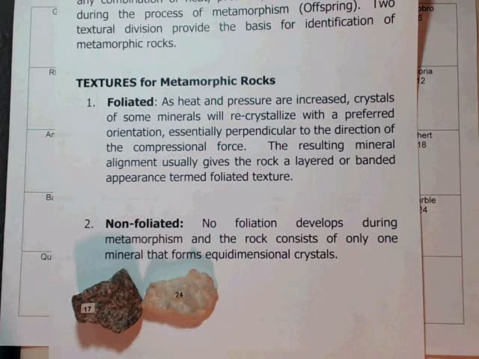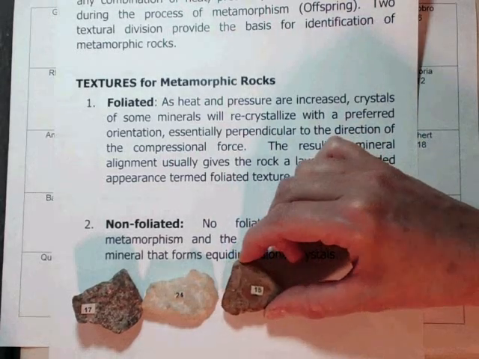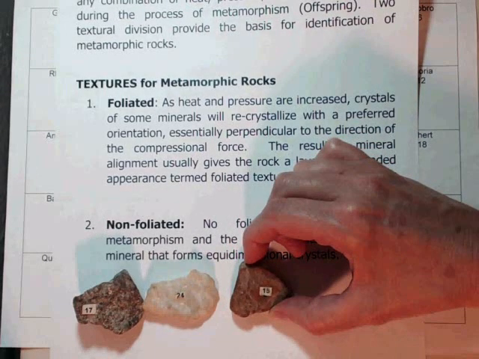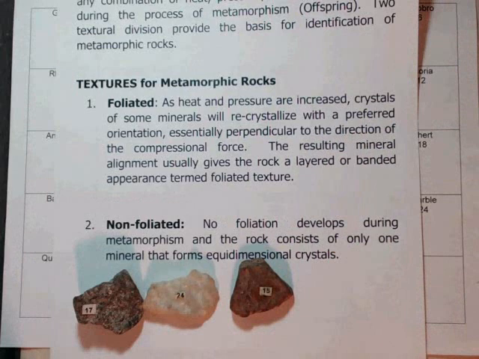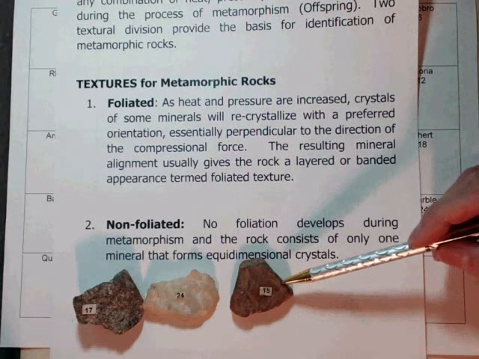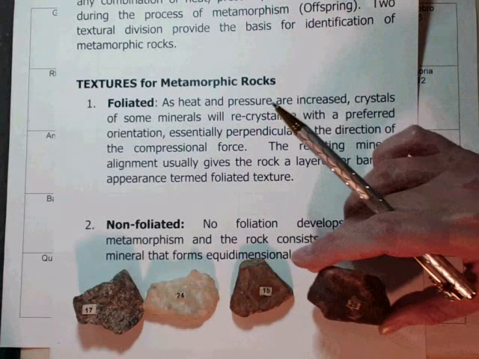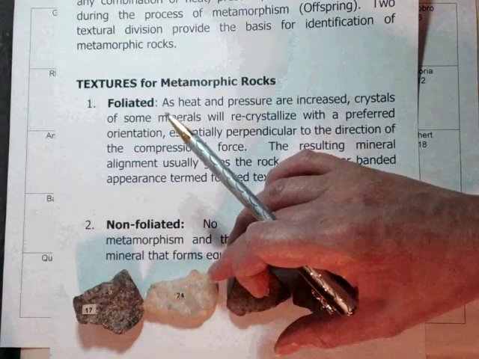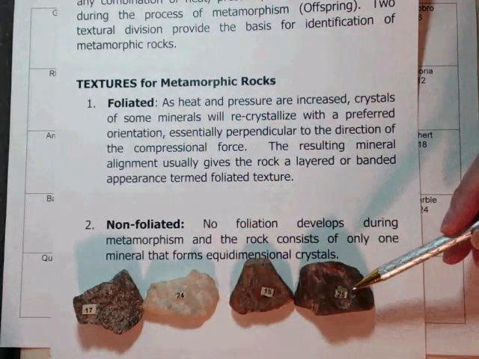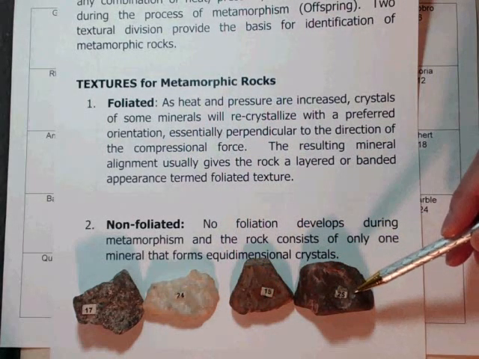Another example of the non-foliated texture is if, say, we started with a quartz sandstone. I've got here my quartz sandstone, the red variety, and we increased the heat, increased the pressure on that, metamorphosed that sandstone, and it would become the offspring. The metamorphic offspring would be our number 25, quartzite.